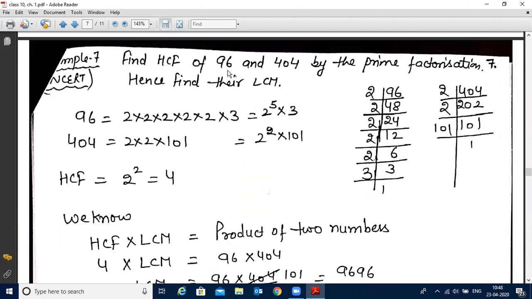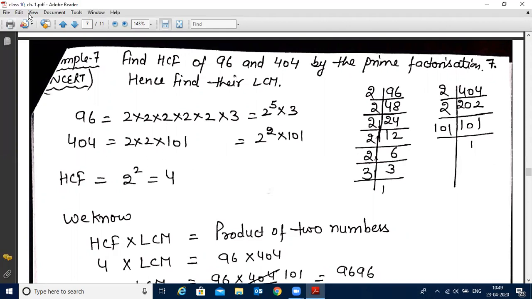Find the HCF of 96 and 404 by the prime factorization method, and hence find the LCM. Firstly, we will do the prime factorization of 96. It is 2 into 2 into 2 into 2 into 2 into 3, that is 2 raised to power 5 into 3.